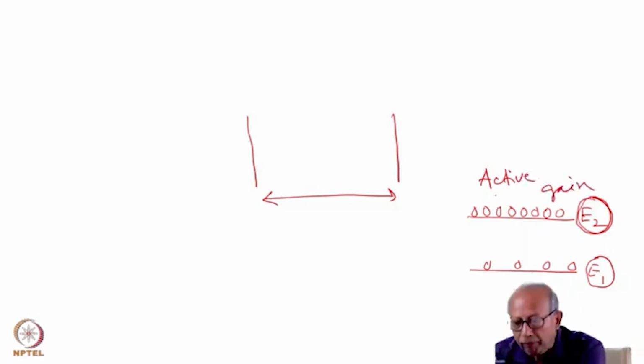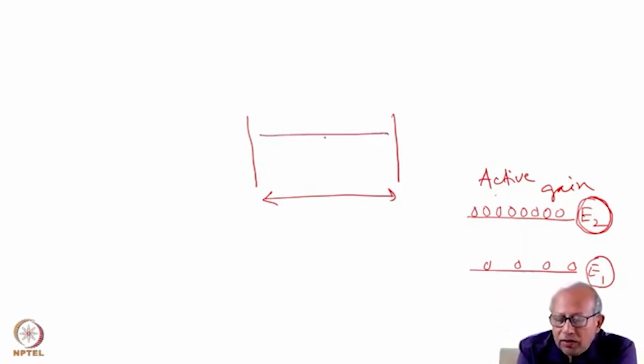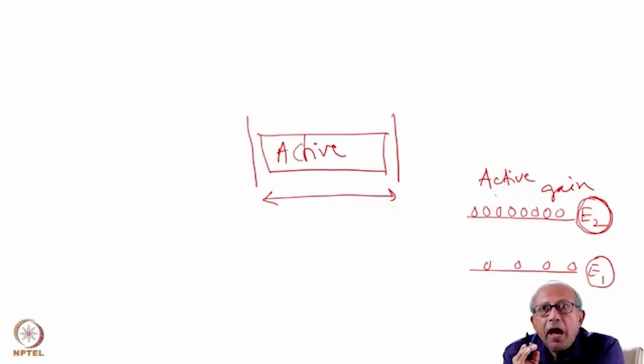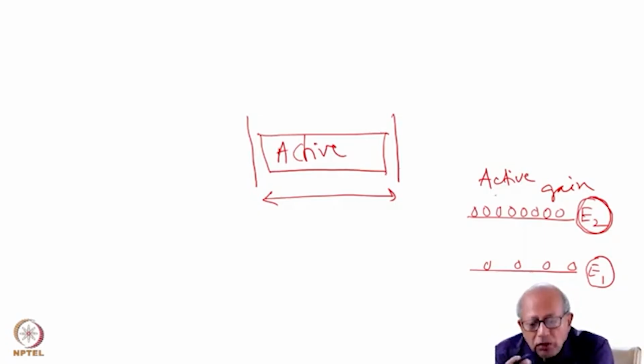We of course have also studied how to create population inversion, and there are various ways to create population inversion. Now, if we place such an active medium inside a cavity, then we know that stimulated emission, which is actually seeded by photons arising out of spontaneous emission, can occur.